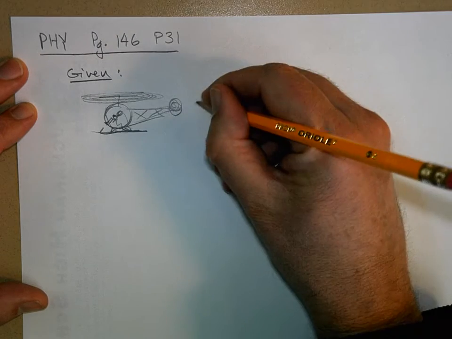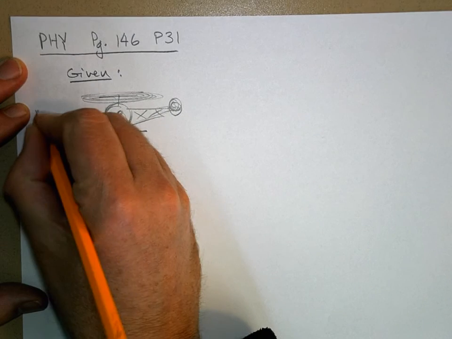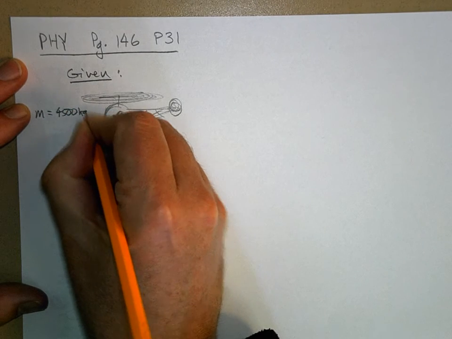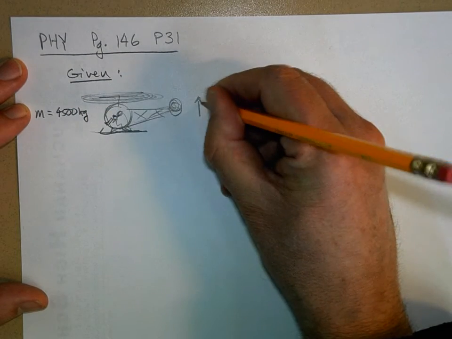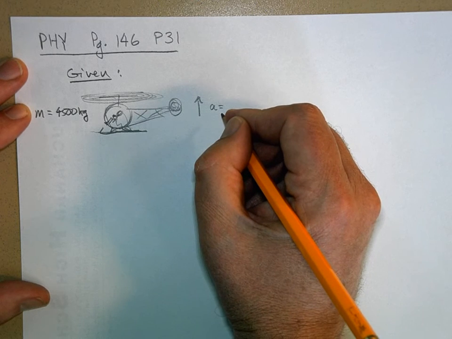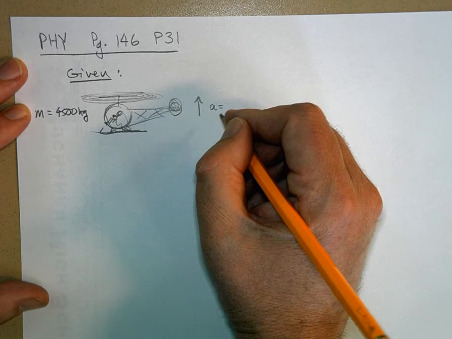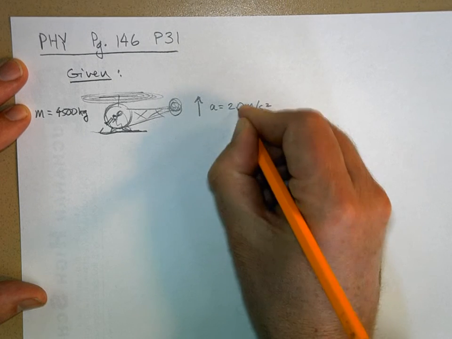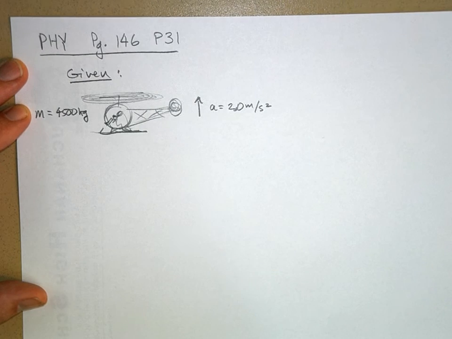Now, it's accelerating. It has a mass of 4,500 kilograms, and it's accelerating up. A equals, what did it say? 2.0 meters per second squared.